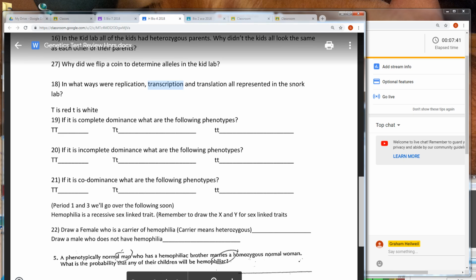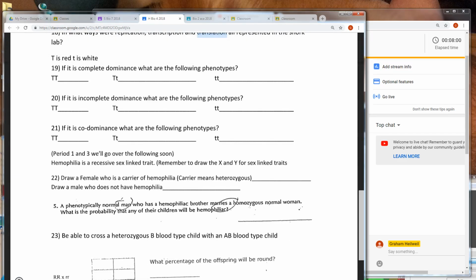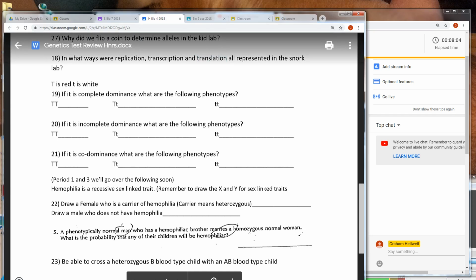And that's translation, to put that all together to make protein. So that's how they were all represented. DNA provided a template for an mRNA sequence, which goes and meets with tRNA, and depending on the sequence of the mRNA that was created, you match up tRNA and get the amino acid sequence. So all that was represented in the Snork lab. They all played a role, some indirect, and some more direct.